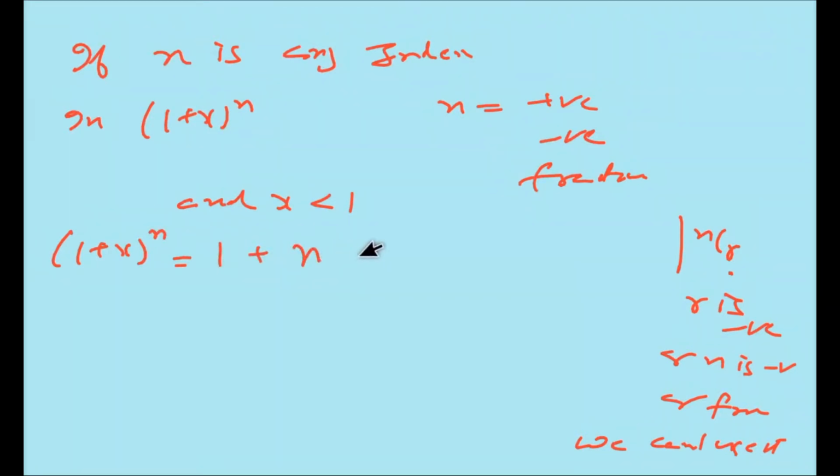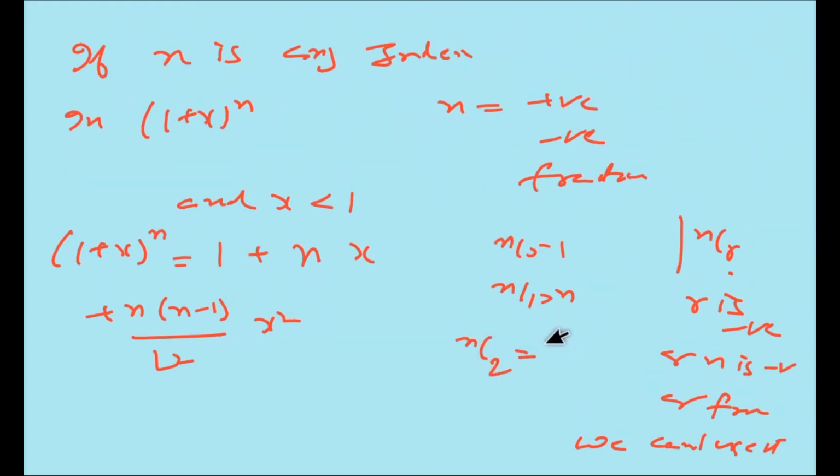So now student, we can say the expansion will be this way: 1 + nx. Now you can see the value of nC0 equals 1, nC1 equals n, and plus n(n - 1)/2! x^2. nC2 equals n(n - 1)/2!, but you cannot write here nC0, nC1, nC2 and so on, and this expansion will go up to infinity.